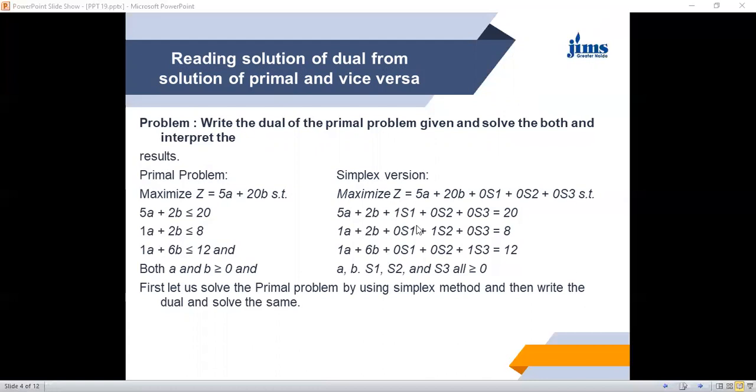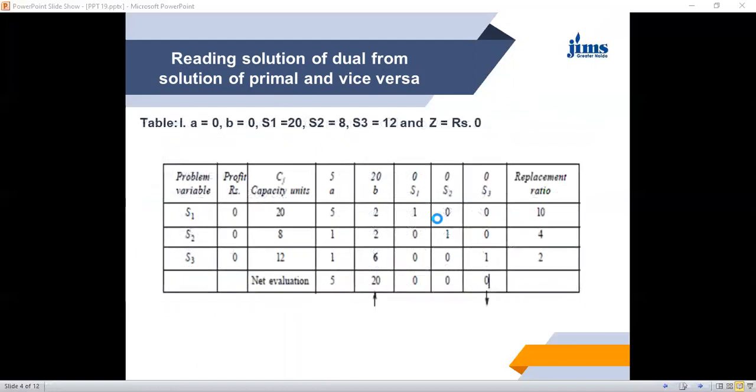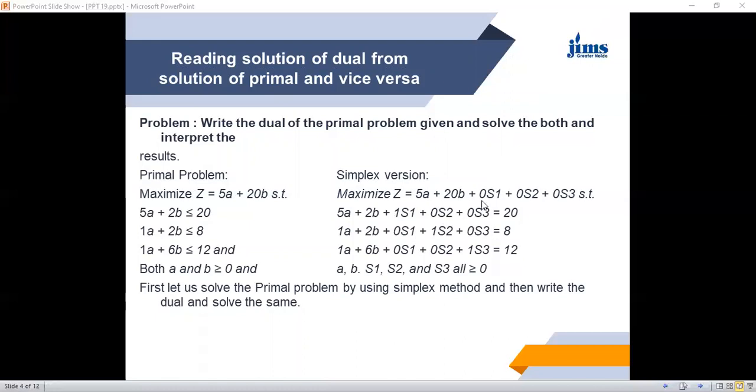So in the first we write only s1, because s2 and s3 do not appear; we write 0 into s2 plus 0 into s3. This equals 20.